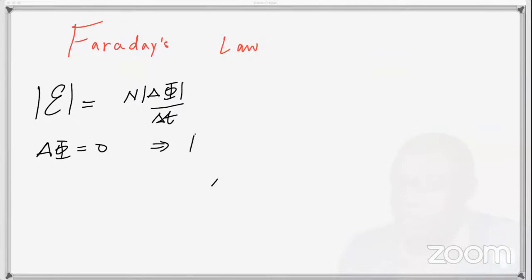That means there's no induced EMF. So this is the equation form of Faraday's law. Any change in magnetic flux induces an EMF. And this is what is called electromagnetic induction. And this is the principle behind how electricity is generated.